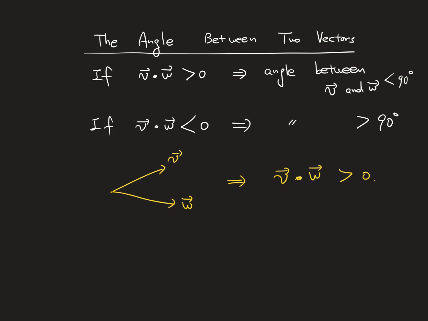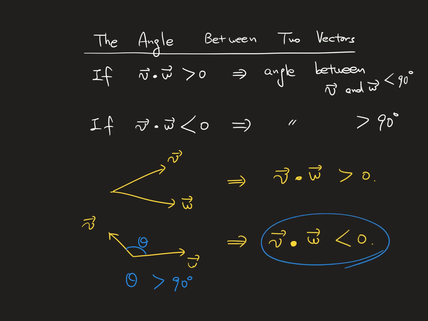But with v in this direction and w vector in this case, the dot product v dot w should be less than 0, because this angle theta is greater than 90 degrees. And that's why we get this negative sign.